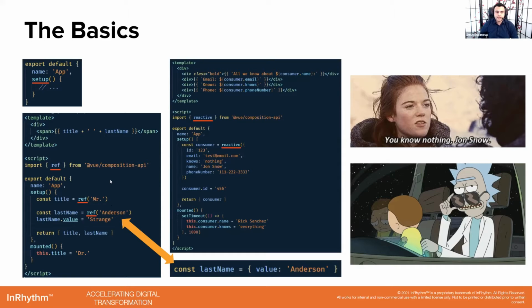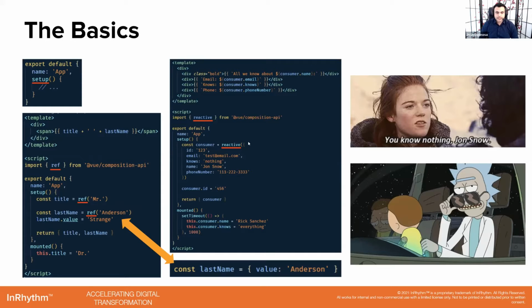So it's essentially taking this inner value, for example, the string Anderson, and wrapping it in an object with value set to what value you gave it. There's more behind the scenes, but this is how you can imagine it. So in order to change the value, once you create a ref, you'll have to access that inner value and then set it to something. So this syntax is slightly different, but you get the hang of it.